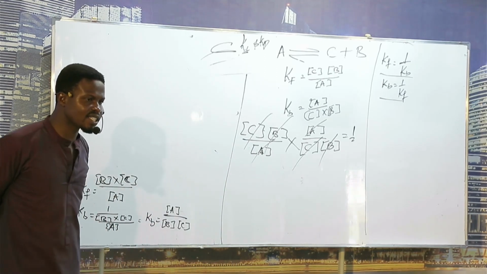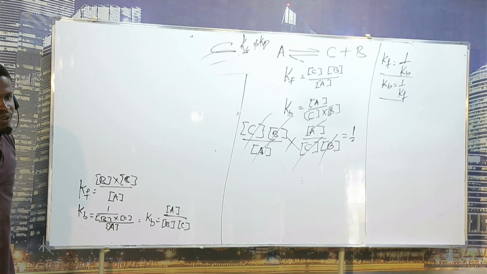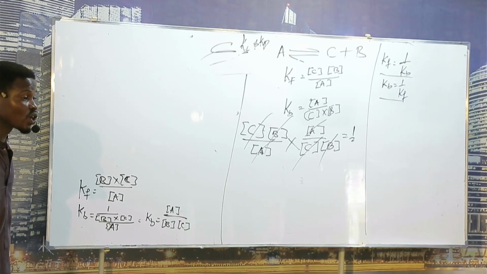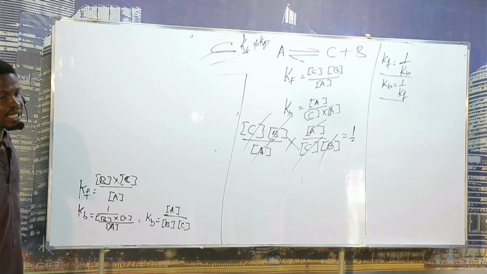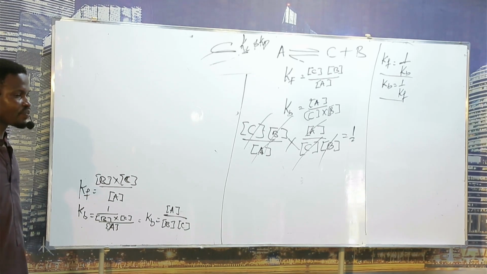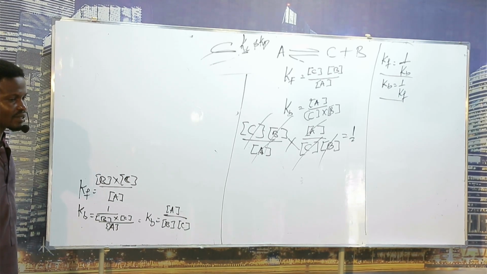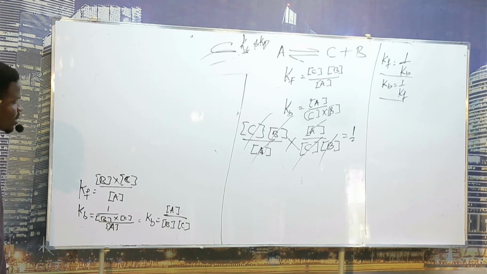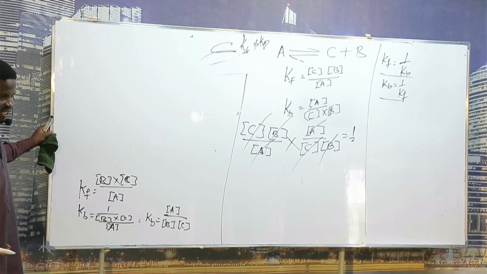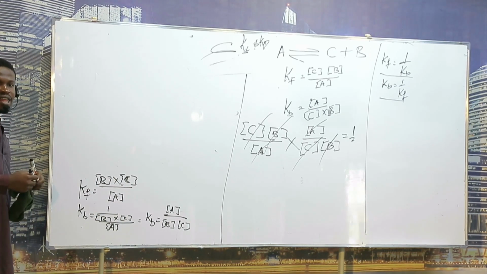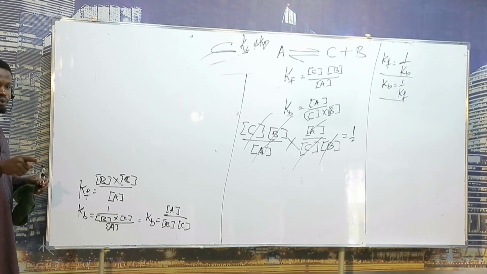So when we use KC, the concentration is expressed in terms of molarity. When do we use KP? When it is expressed in terms of partial pressure. Atmospheric pressure is the same thing. Now I read the next line: KP is the equilibrium constant.